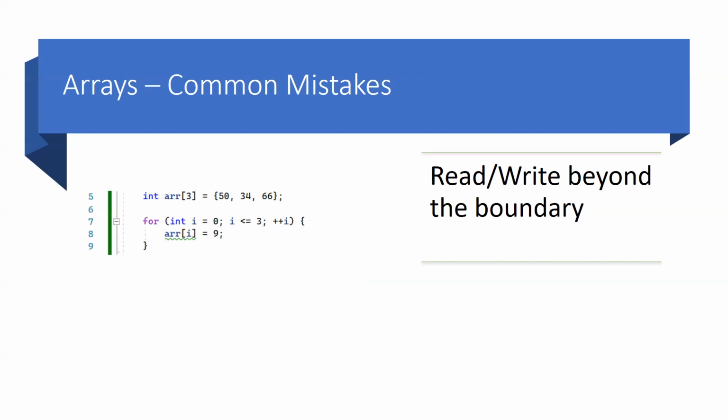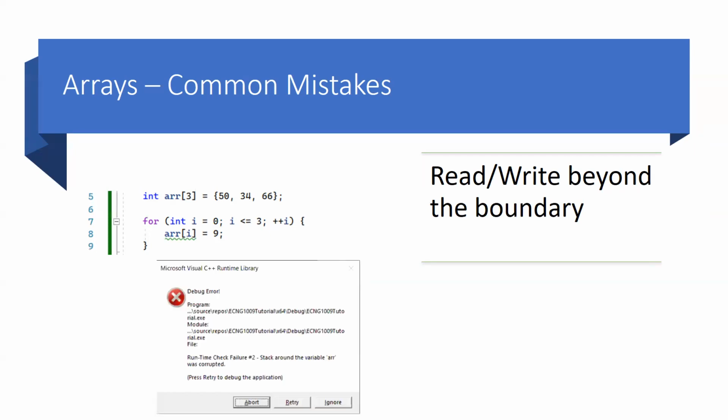Okay, but that's reading from it. What happens if you try to write it? So let's say we wanted to put the number 9 to every single location in the array, right? Again, I'm doing the same thing, and I'm going to try to write the number 9 to the 4th location. That's one beyond the end of the array. Well, what happened when I ran it was I got this big debug error coming up at me.